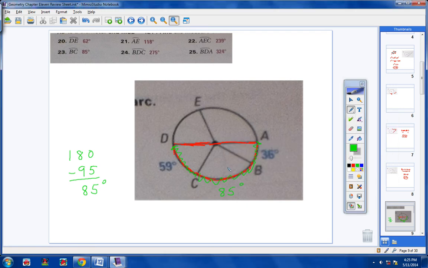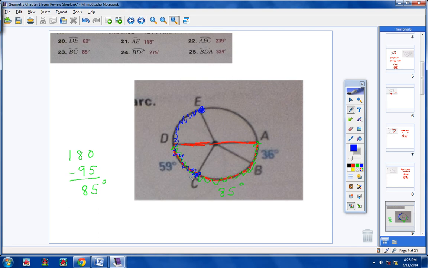Now, also notice in the directions, they tell you that arc CE is 121. So let me change colors here, and let me show you something. From C all the way to E is 121 degrees. They tell you that in the directions. So students, think about it.